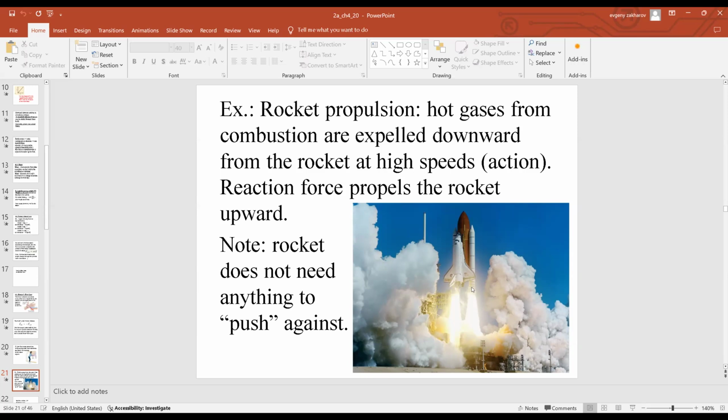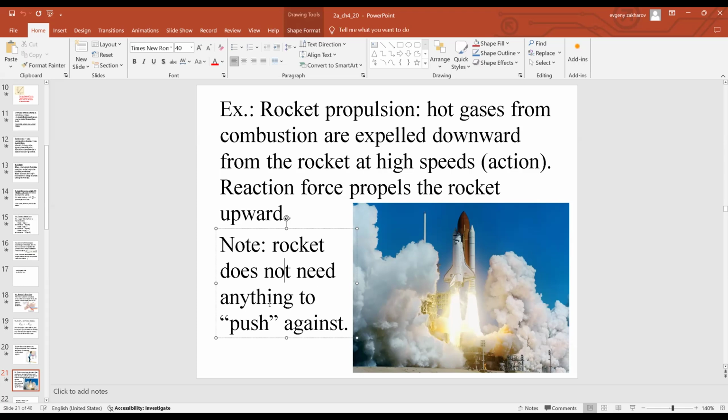And only because gases go down, the rocket goes up. It has nothing to do with air resistance, air support of any kind, none of that. It's only some kind of a force that is action, and the rocket goes backwards as reaction.